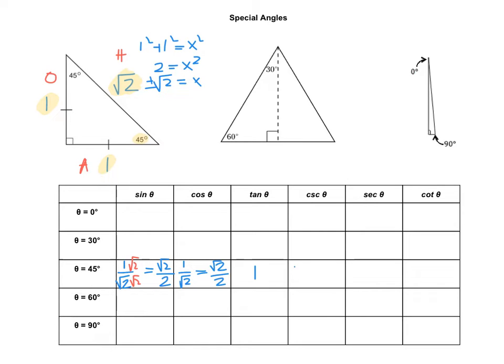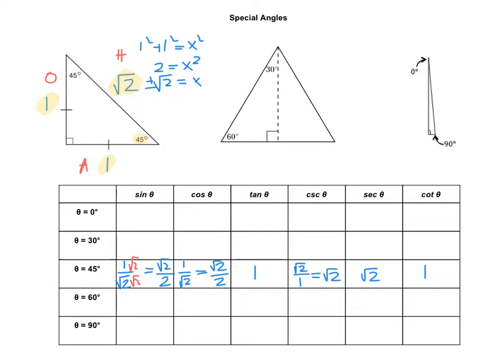So we're going to get root 2 over 1, which is just root 2. And same thing with the reciprocal of cos, which is secant. It will be root 2 over 1, which is just root 2. And for cotangent, the reciprocal of 1 for tan is also 1. So that is our isosceles 45 degree right triangle.